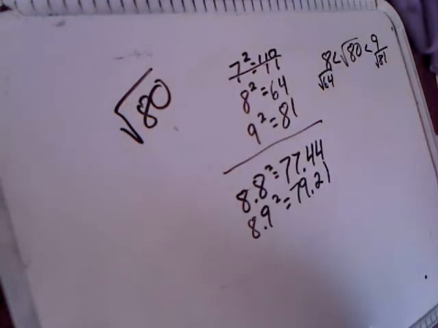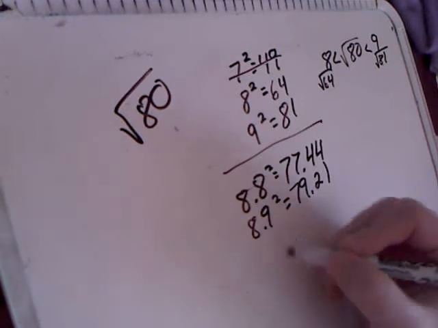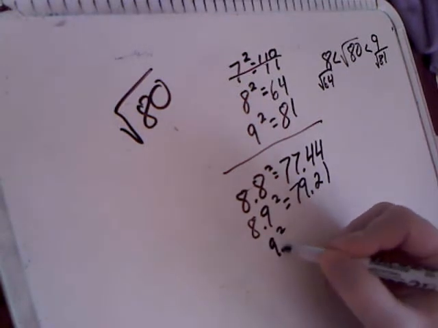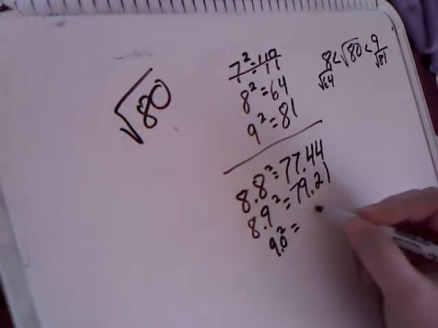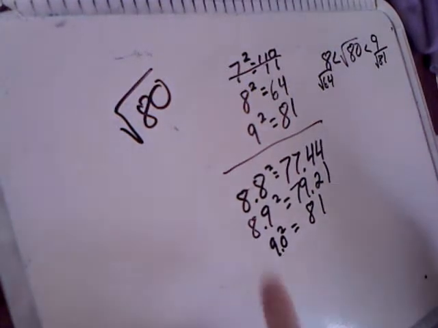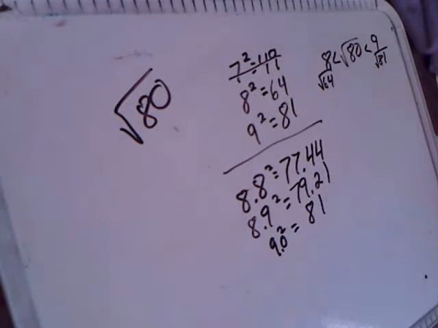This is looking good. We know that 9 squared, or 9.0, is going to be 81. So we know that our answer is somewhere between 8.9 and 9. But we need to figure out which it is closer to.